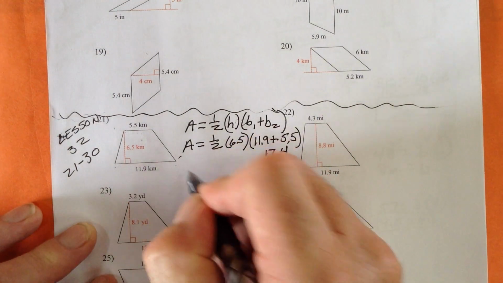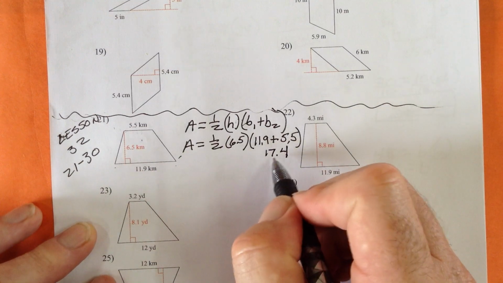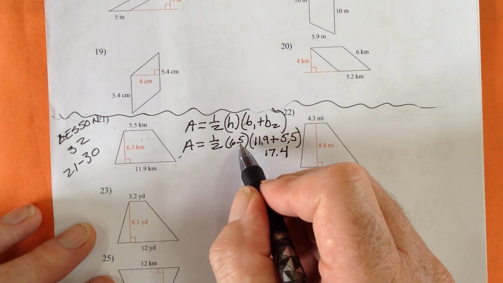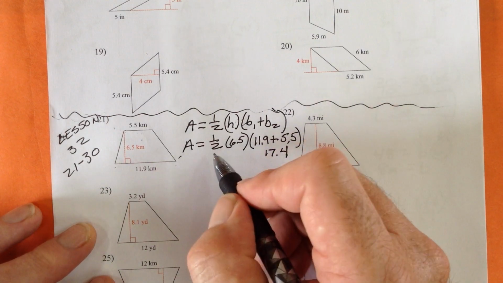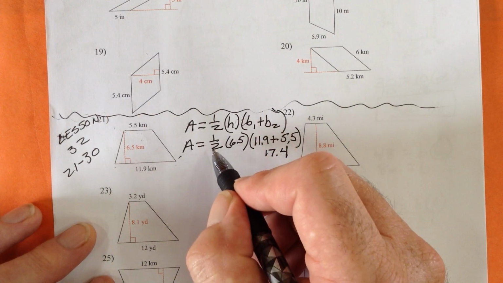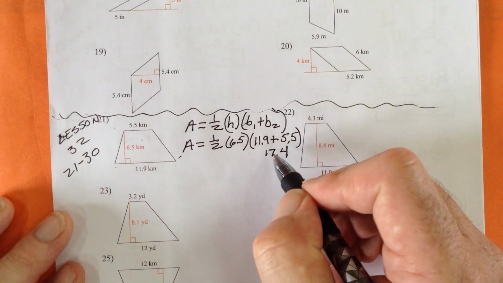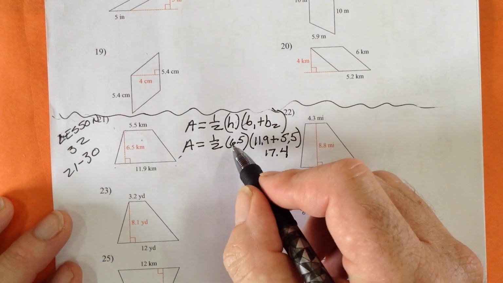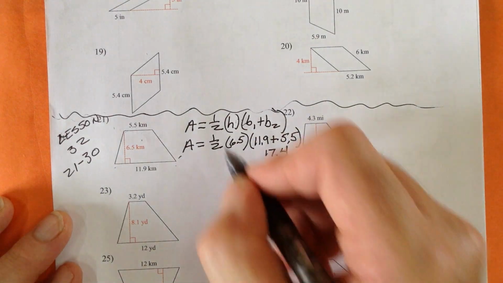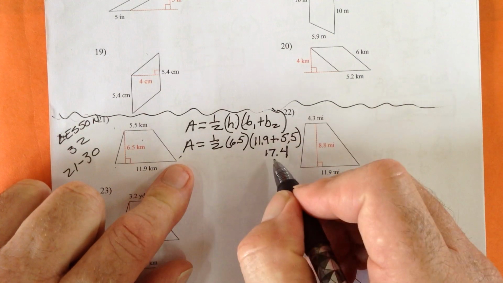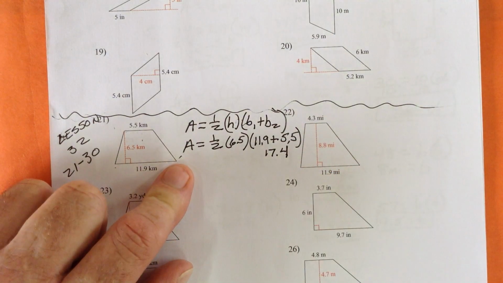Then you have to finish this out. Then I go 17.4 times 6.5, and then I can go times 0.5, which is 1/2. Or I could go 17.4 times 6.5 divided by 2, because it's going to be half of 6.5 times 17.4.